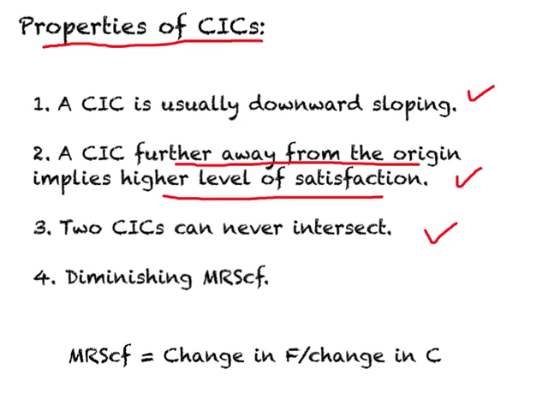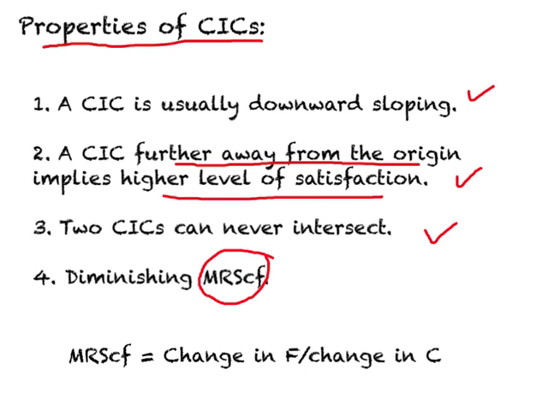The third property being two community indifference curves can never intersect. And the fourth one is about convexity of indifference curve, and that is based on diminishing MRSCF, or diminishing marginal rate of substitution between clothing and food.